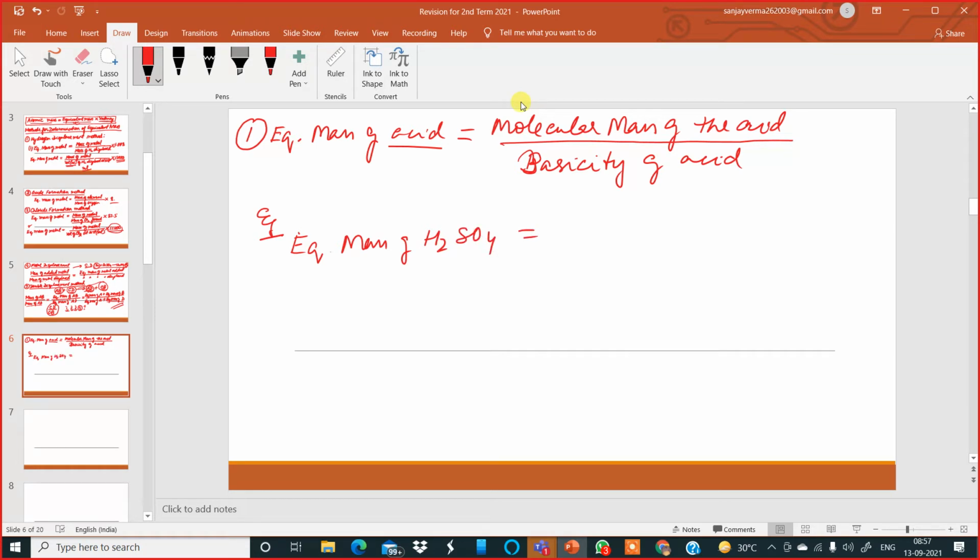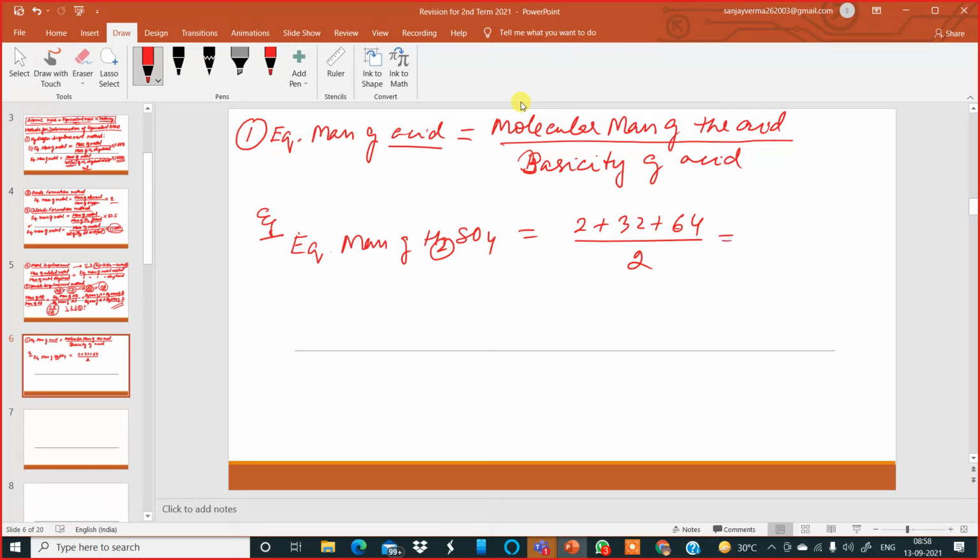The molecular mass becomes 2 plus 32 plus 64, divided by the basicity of sulfuric acid, which is 2. Basicity means the number of replaceable hydrogen atoms or ions present in the acid. That's why the basicity of sulfuric acid is 2.